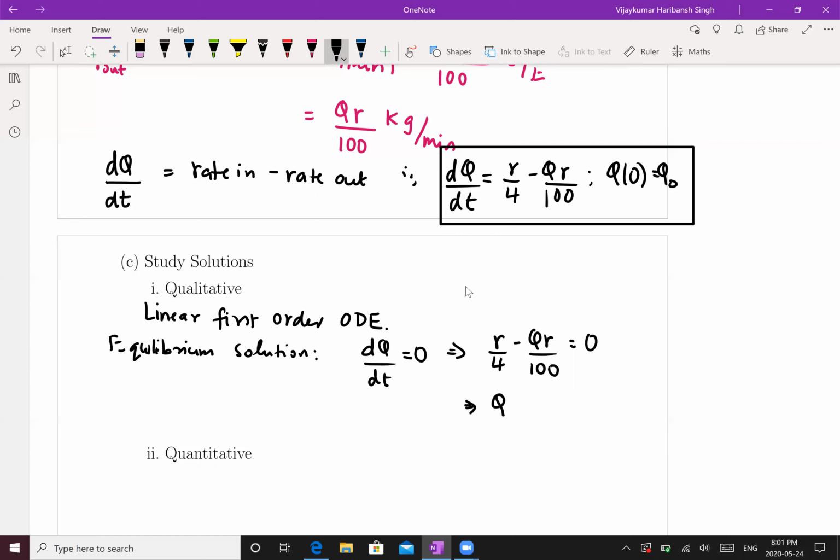So we get Q equals 100 by 4, which is 25 kilograms. So this is the equilibrium solution.